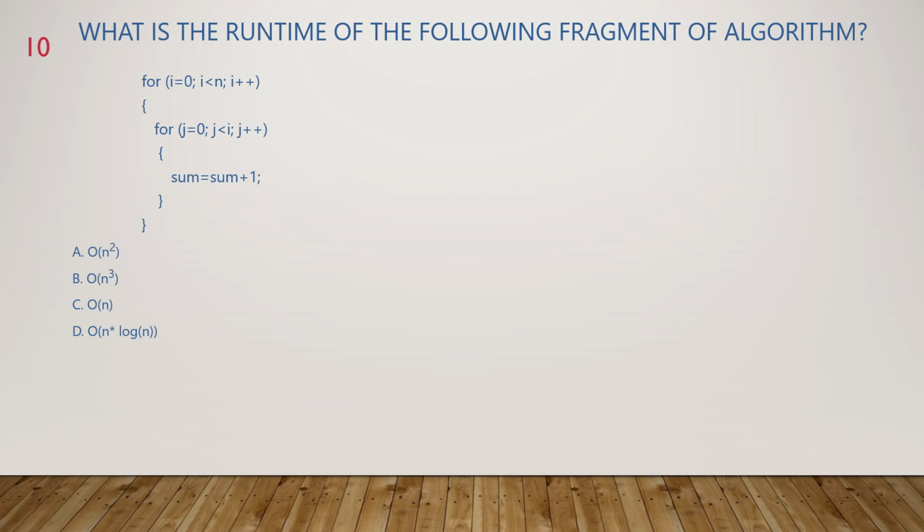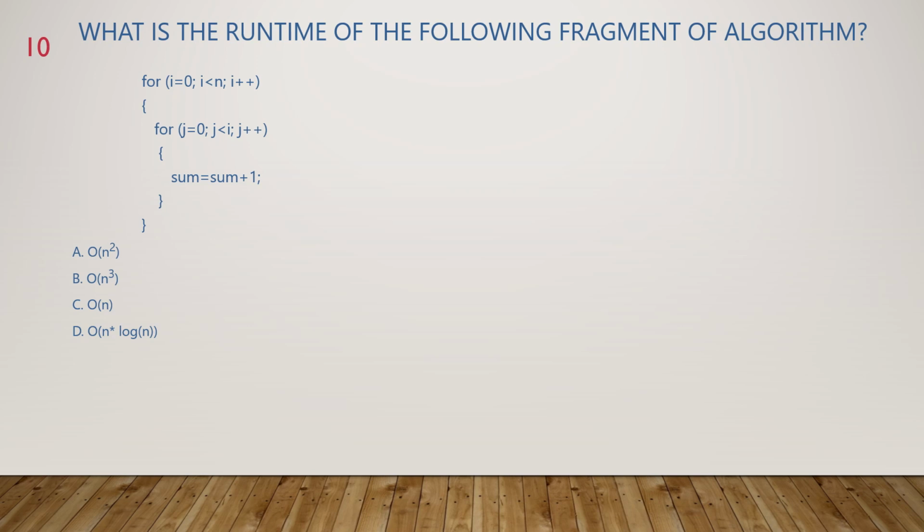Question number 10. What is the runtime of the following fragment of algorithms? There is a nested for loop. I runs from 0 to n, and I is incremented by 1. The inner loop, j runs from 0 to I, and j is incremented by 1.